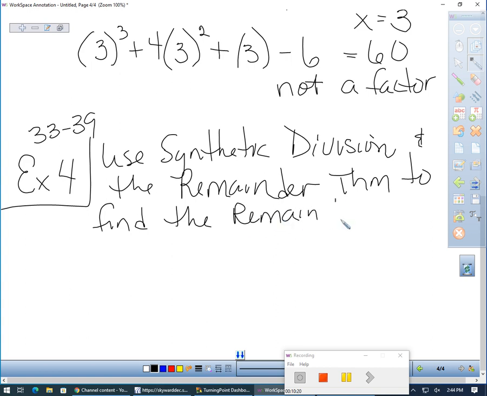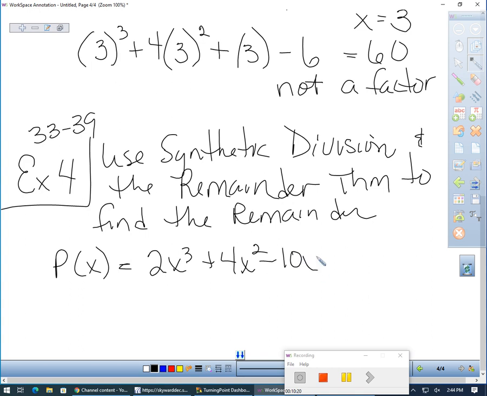It's going to be listed like this for the problems. It's going to say P of X equals, and maybe they tell you that P of X is 2x to the third plus 4x squared minus 10x minus 9, and they're going to tell you that A equals 3.